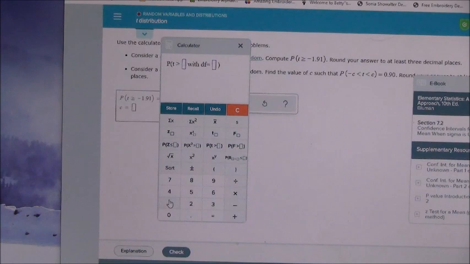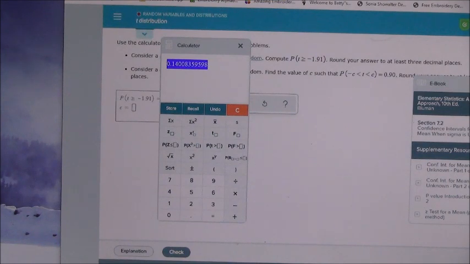I'm going to put in the 1.11 and my degree of freedom, which is 20, and I'm going to hit equals there. And you can see we got the same answer that we got when we used our graphing calculator using the ALEKS calculator. So we're going to have 0.140. So when you do the area to the right, you're going to do your starting number to infinity on the graphing calculator. On ALEKS, you just put your number in there.